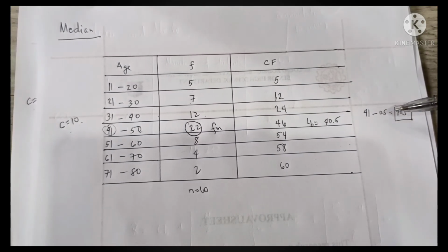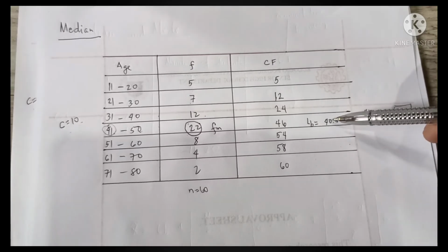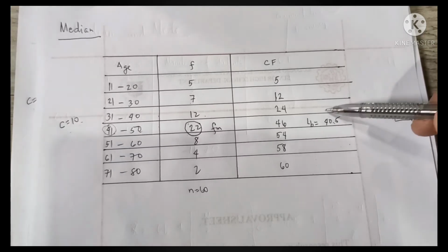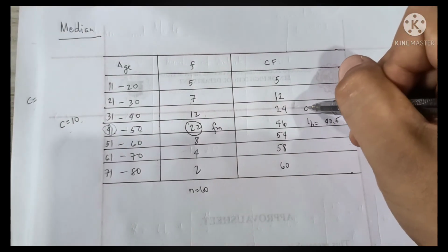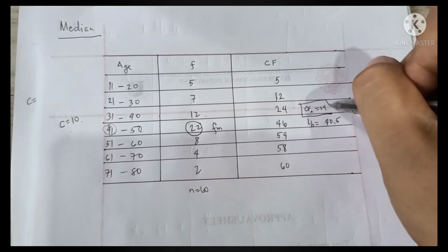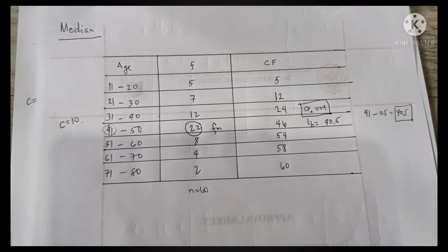Okay? That's why we get the 40.5. So, if the median is here, then it is after the previous cumulative frequency. So, therefore, this is our cumulative frequency. Less than cumulative frequency is 24. Okay? Get it?